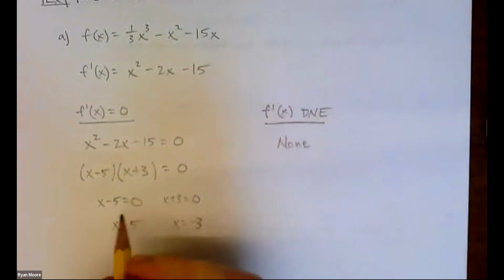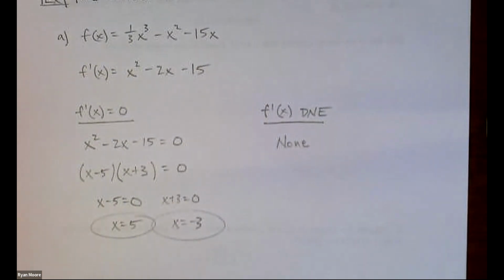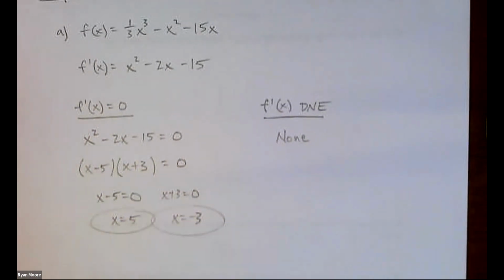For now, though, we just have these two solutions, x equals 5 and x equals negative 3, our critical numbers, both where the derivative equals 0. So the idea is, again, these could be x values where we'd have a local max or a local min. We don't investigate that until the next section, 4.3.